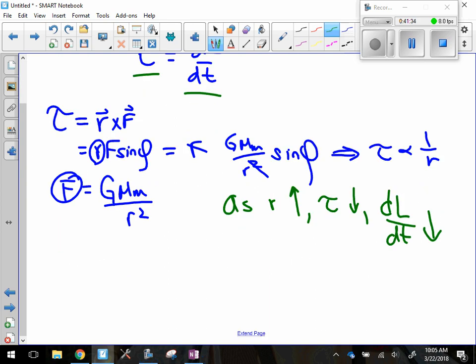And how do I write L? In a situation like this where I'm talking about point masses that are pretty far away, I omega. So if L is decreasing because this is decreasing, what's happening to omega?